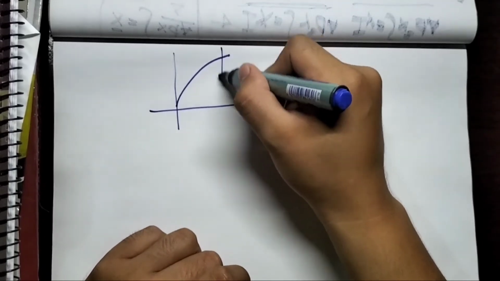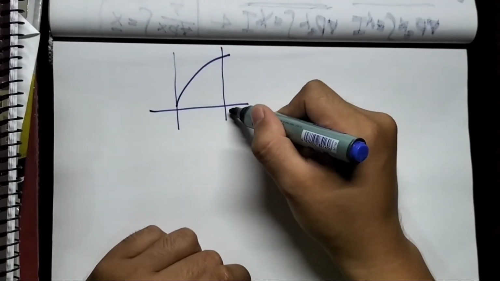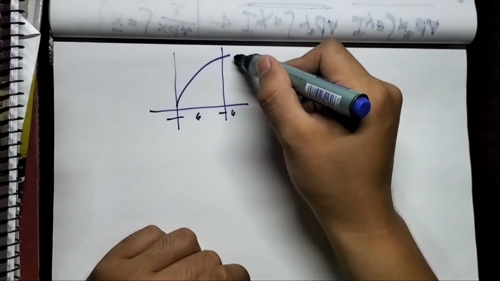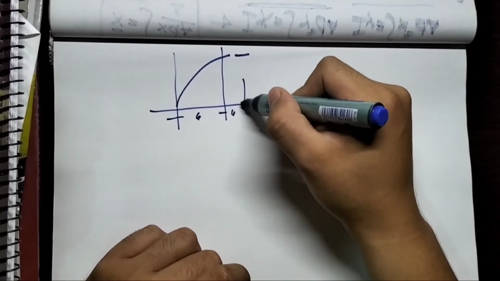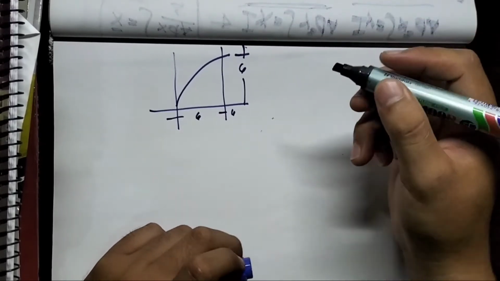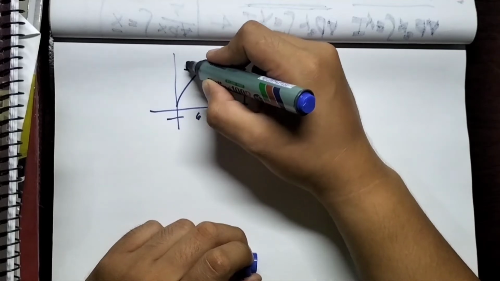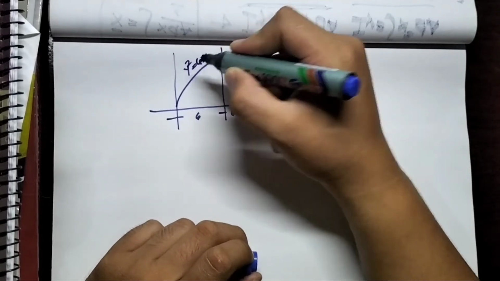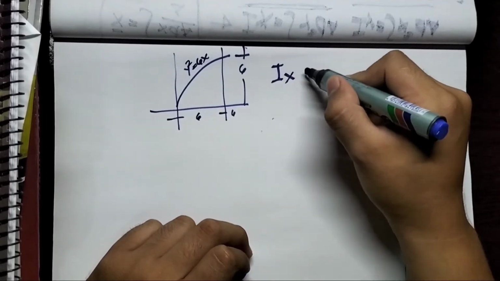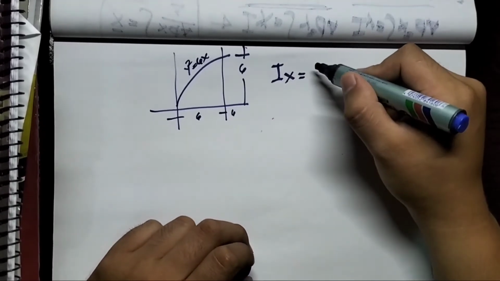This is 6, and this also 6. This curve is y squared equals 6x.